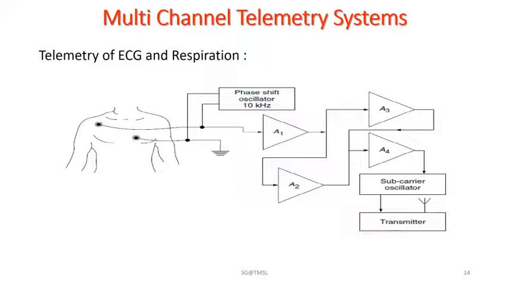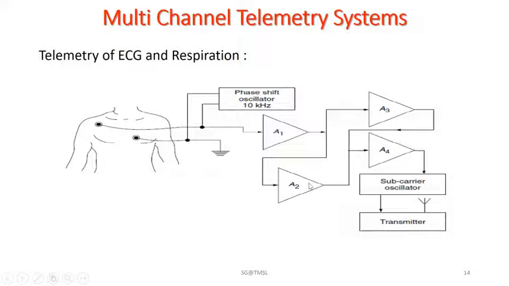The ECG signal, which is detected by the electrodes E1 and E2, is amplified in A1 along with the respiratory signal. It is passed through a low pass Butterworth filter in this section A2, which passes the ECG signal but blocks the respiratory signal.